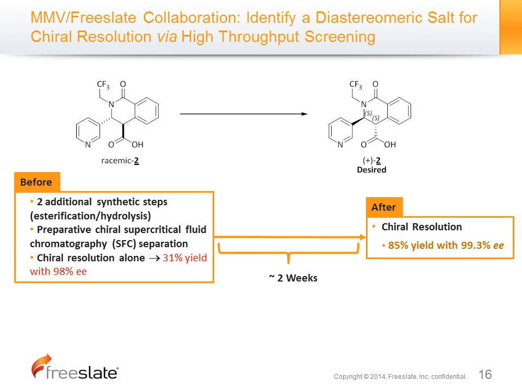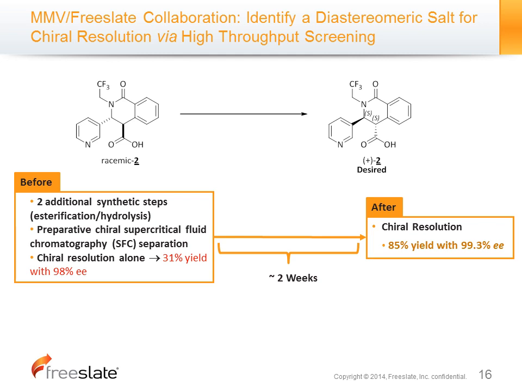So before I get into the detail of this talk, I just want to highlight what we have been able to achieve in a very short period of time. Like what David said, racemic compound 2 was made through a synthetic step, but there are 2 additional steps just for the purification purpose, which I will illustrate later.